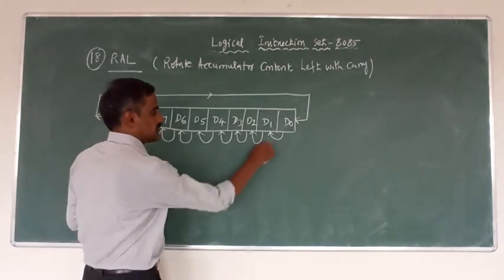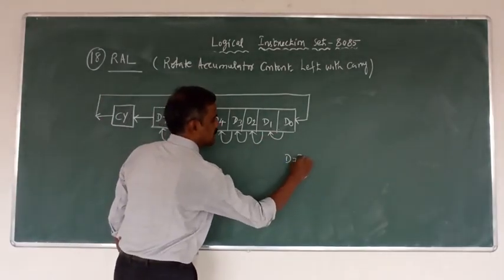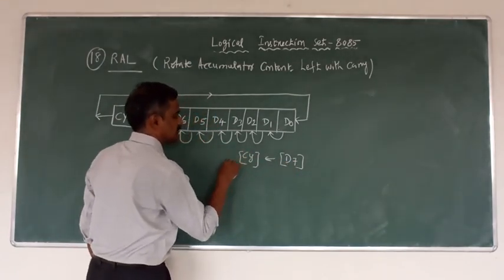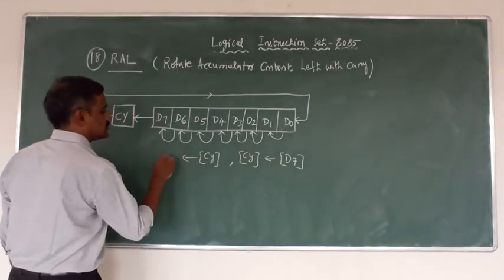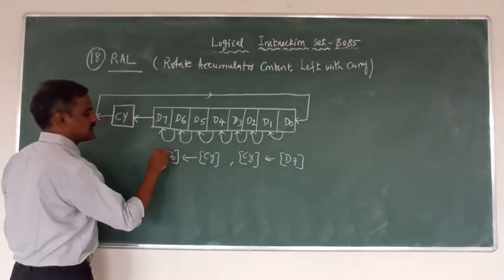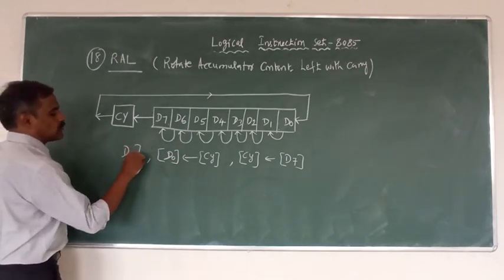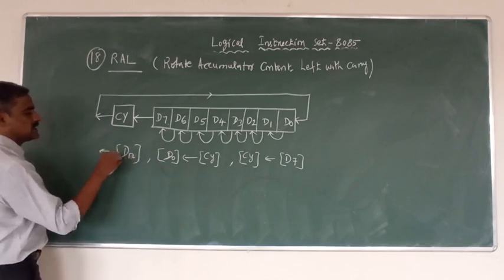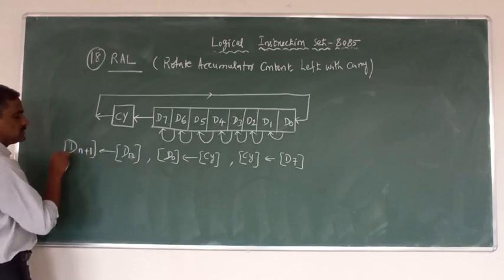Okay? Here the D7 bit data moves to the carry status, and then the carry bit data moves to the D0 position, and then Dn position data moves to Dn plus 1 position.